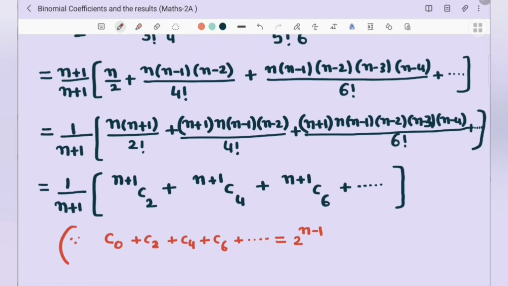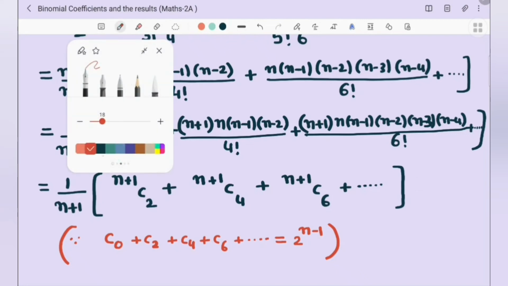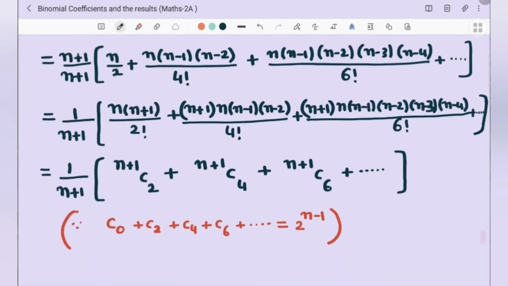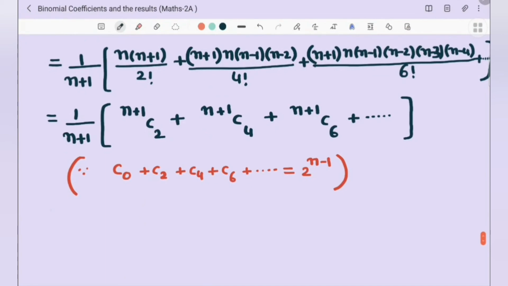So to avoid that, to get C0 term here, we are adding and subtracting n plus 1 C0 in the bracket. 1 by n plus 1.